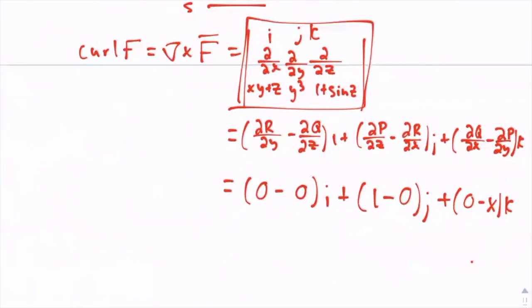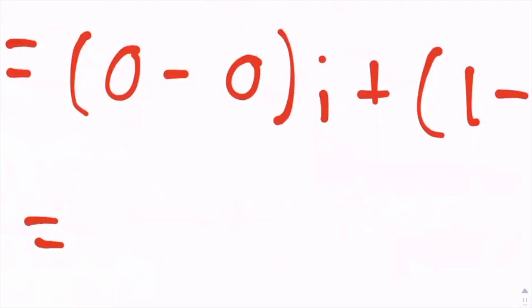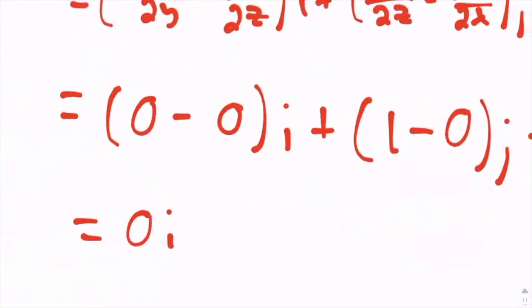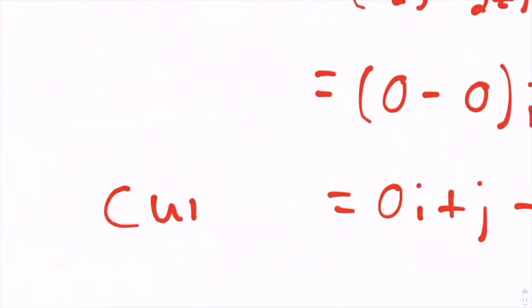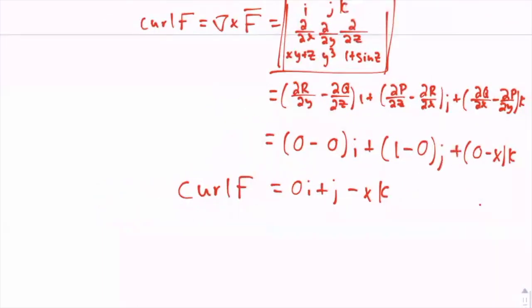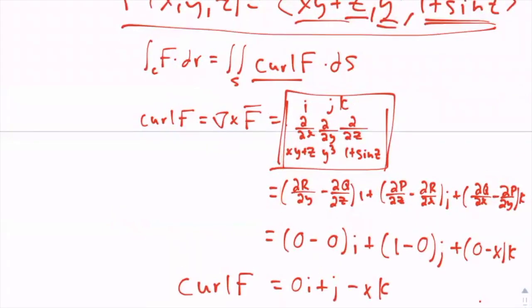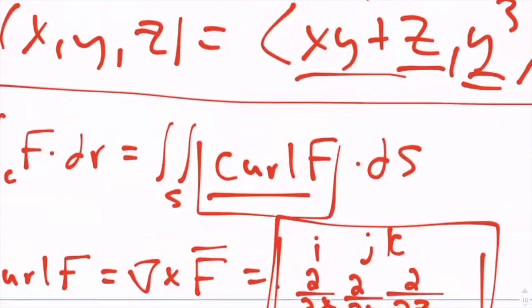Okay, boom. And then when we simplify that out, we get 0i plus j minus xk for our curl f. All right, so now we have our curl f portion of our Stokes theorem double integral.